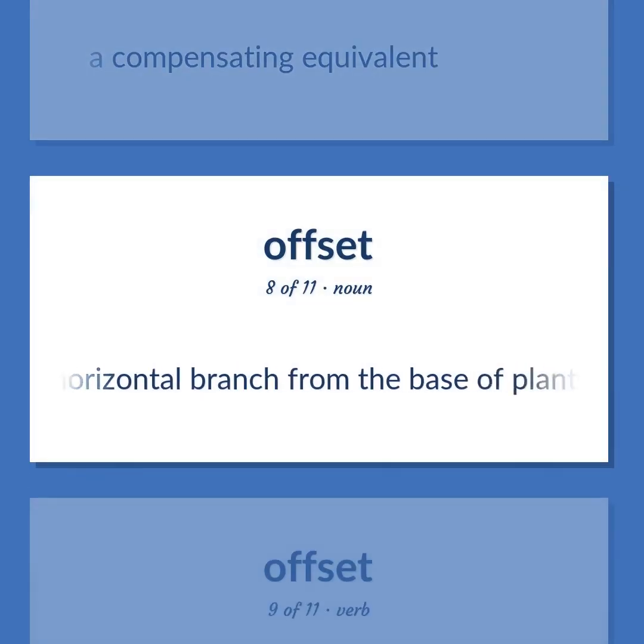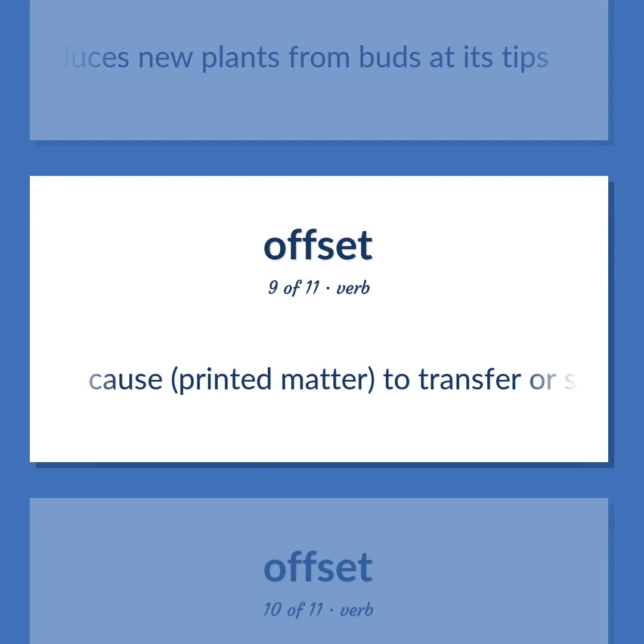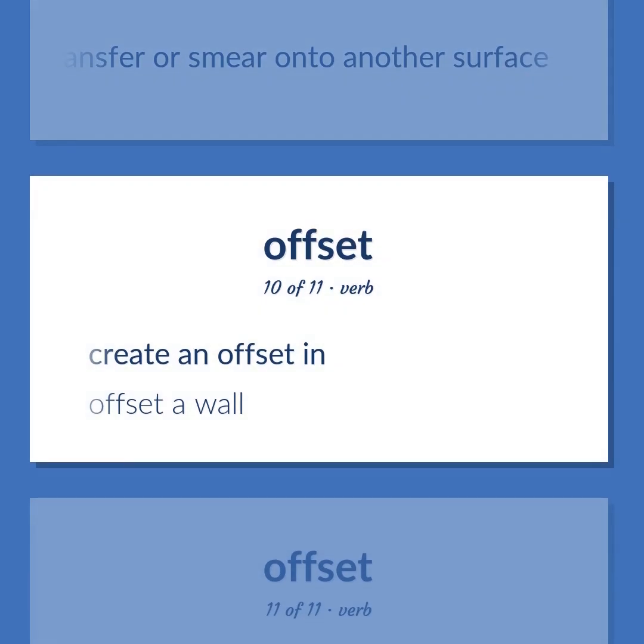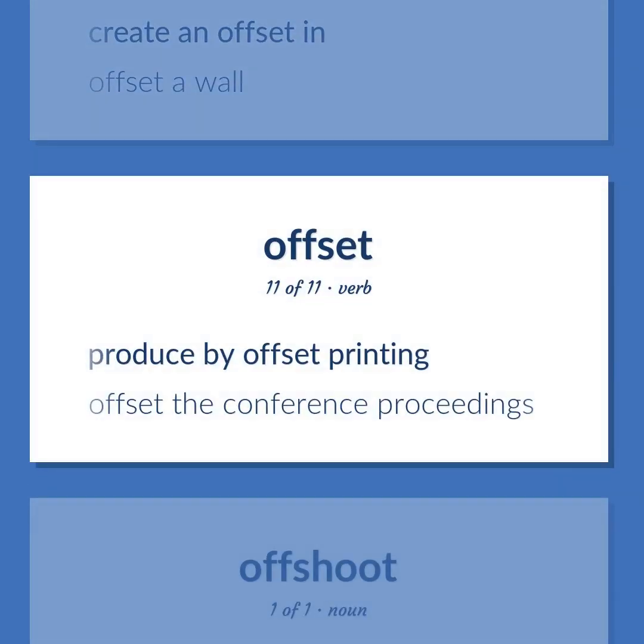A horizontal branch from the base of a plant that produces new plants from buds at its tips. Cause printed matter to transfer or smear onto another surface. Create an offset in. Offset a wall. Produce by offset printing. Offset the conference proceedings.